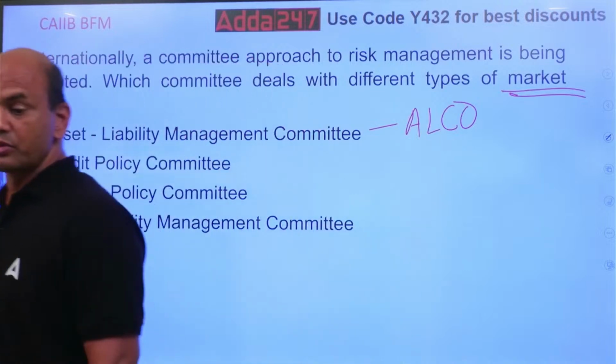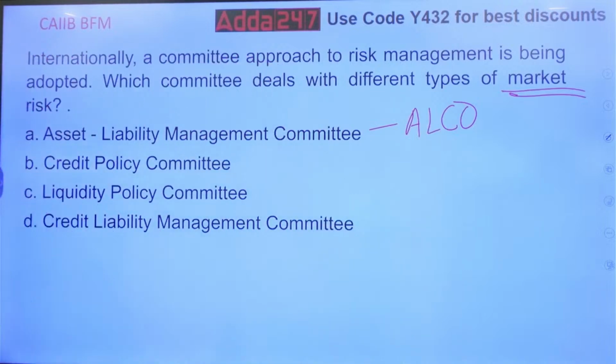Which committee will look into the market risk?